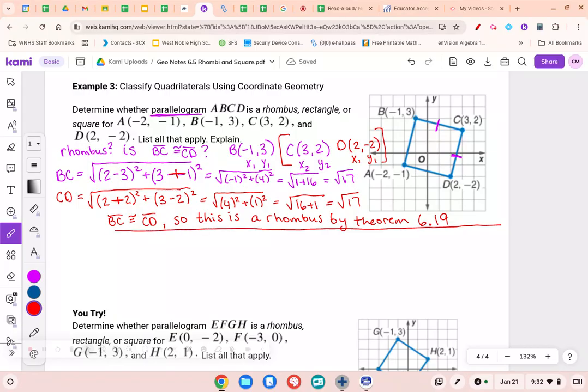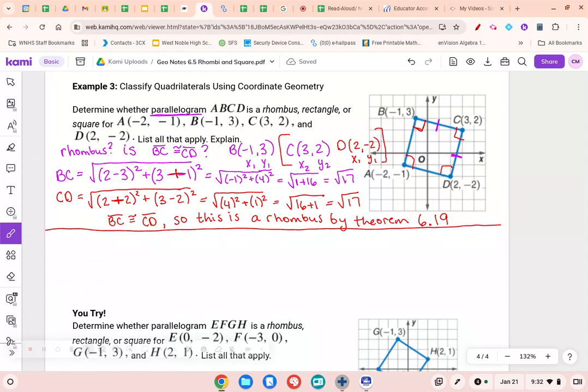There are a couple ways we can decide whether something is a rectangle. We can check to see if these angles here are 90, or we can check the diagonals to see if they are congruent. For this problem, we are going to see if these are 90 and make sure that our slopes are perpendicular slopes. That's how we make sure that we have right angles.